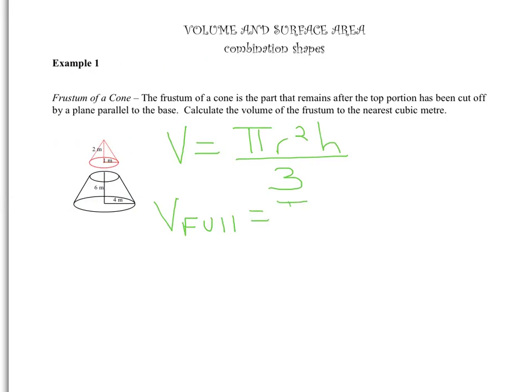Okay, so we have pi times the radius for the full cone being 4 as shown in the diagram, and the height, okay, let's be careful here, we don't want the height of the actual frustum, which is 6, we need the height of the full cone, so that would be the 6 for the frustum plus the 2 from the cone tip, so the height would actually be 8. Okay, so let's write that in there.